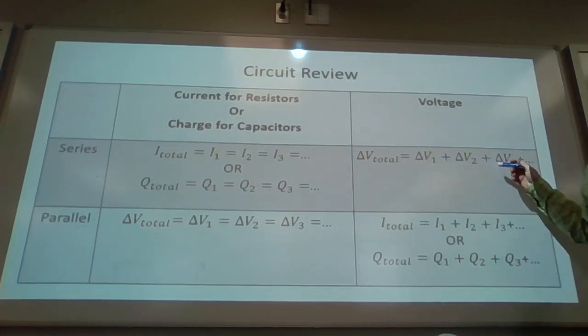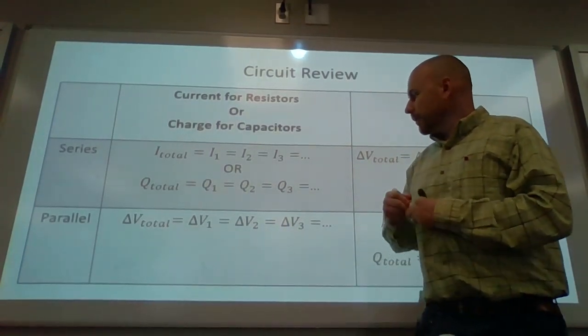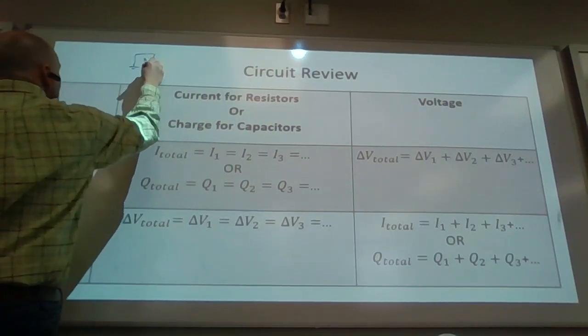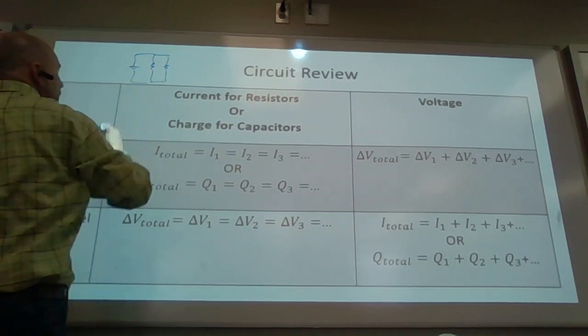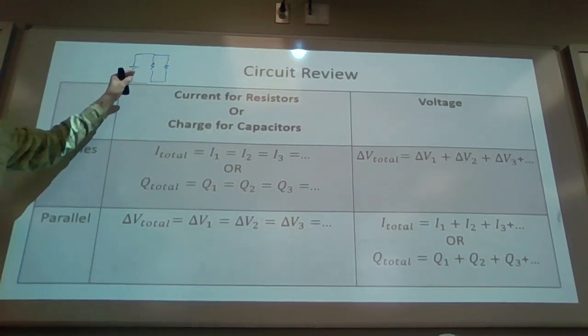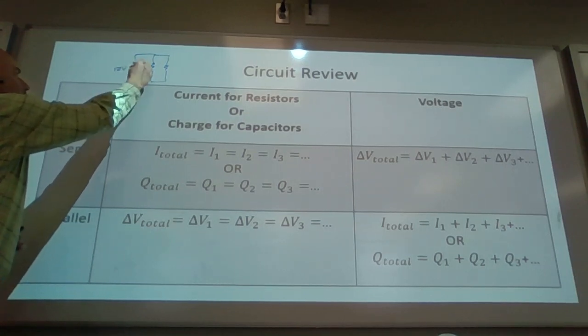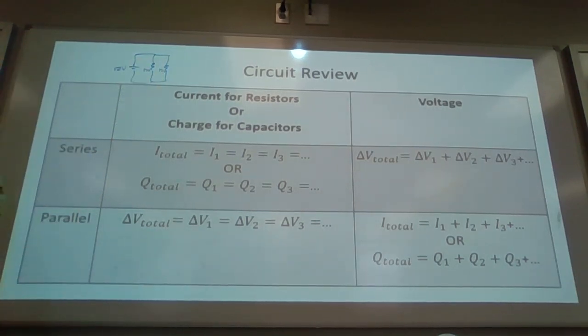The voltage gain equals the sum of the voltage drops. In parallel, because each resistor is hooked up to its own loop, voltage gain equals the sum of the voltage drops. This is 12 volts here, there's 12 volts here, and 12 volts here because it's on the same loop.